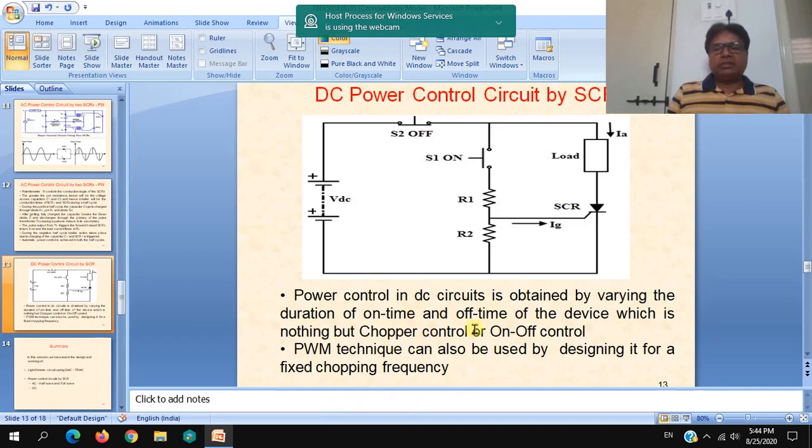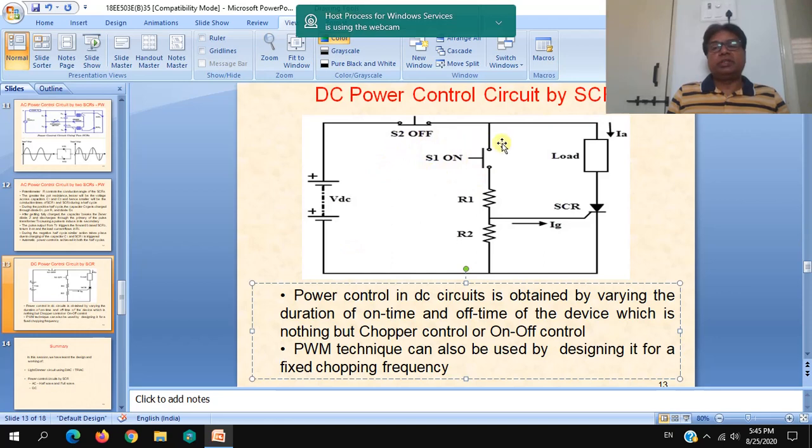Again, if you use both half-time control also, then it is frequency modulation, which is normally not done. You can also use the other PWM technique, where you design the circuit for a fixed chopping frequency and vary the conduction times.